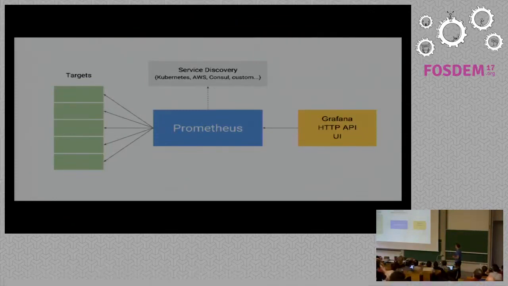And quickly, an overview of how Prometheus collects time series data. Prometheus talks to service discovery systems. You can hook up anything you want, basically. We have native integrations for Kubernetes, AWS, Consul, etc., but you can also plug in your custom ones. And by that, Prometheus always knows the state of the world, right? Your service discovery system is a source of truth, and Prometheus just always stays in sync.